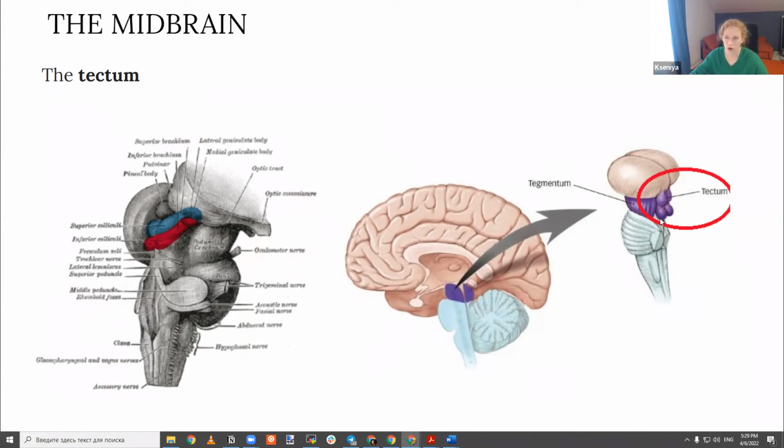And the inferior colliculus or lower hill is the principal midbrain nucleus for the auditory pathway, and it receives input from several peripheral brainstem nuclei in the auditory pathway, as well as inputs from the auditory cortex.